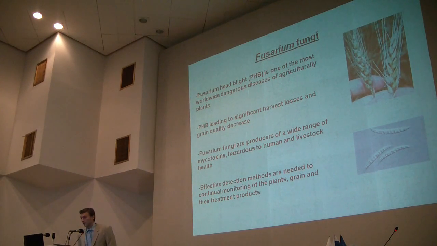Fusarium fungi are producers of a wide range of mycotoxins hazardous to human and livestock health. And so continual monitoring of grains and its products for contamination by Fusarium fungi is desired and very important.